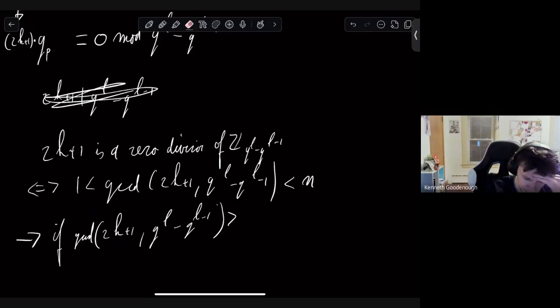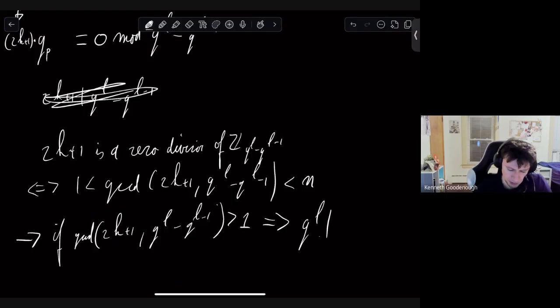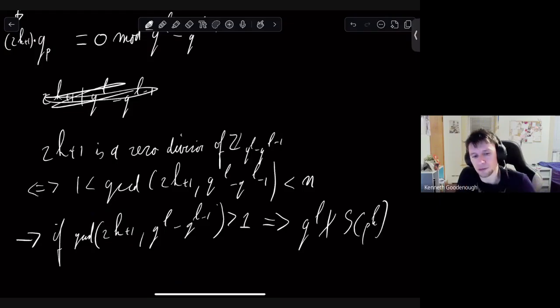So if we see that the GCD between these two quantities is greater than 1, then we know that Q to the power L does not divide S of P to the power K. And the previous statement was just a specific instance of that, where we had K is 1 and L is 1.